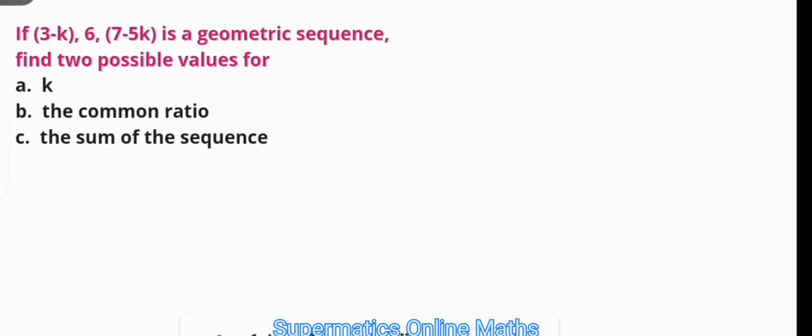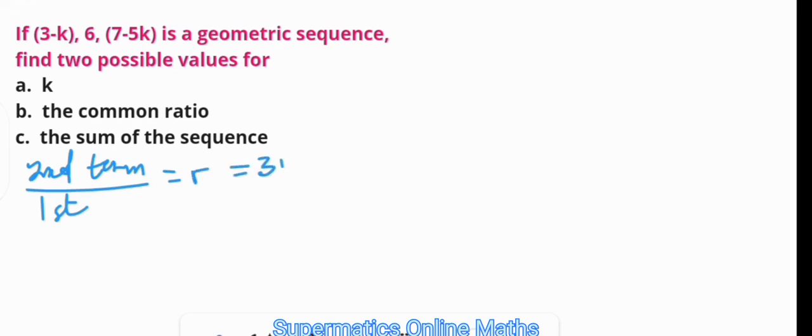Now to solve this, we know that for a geometric sequence, the ratio of the second term to that of the first term is the common ratio, which is also the ratio of the third term to that of the second term.